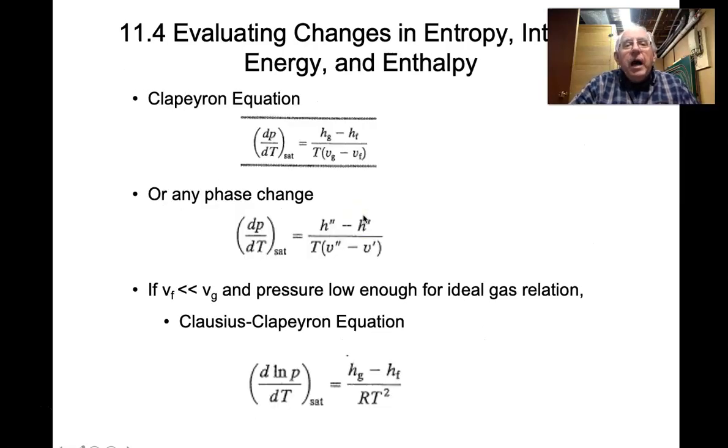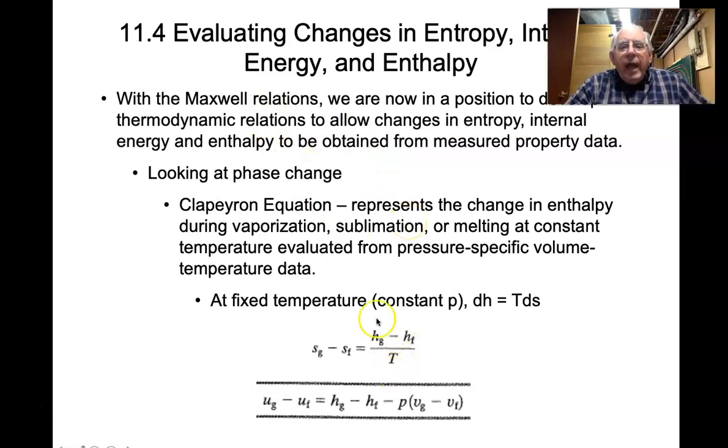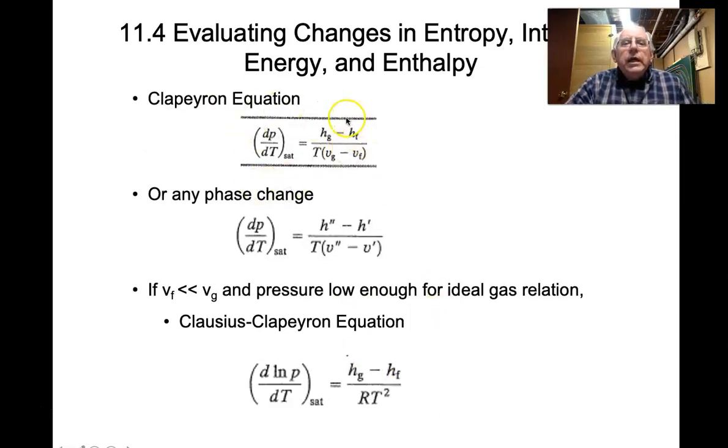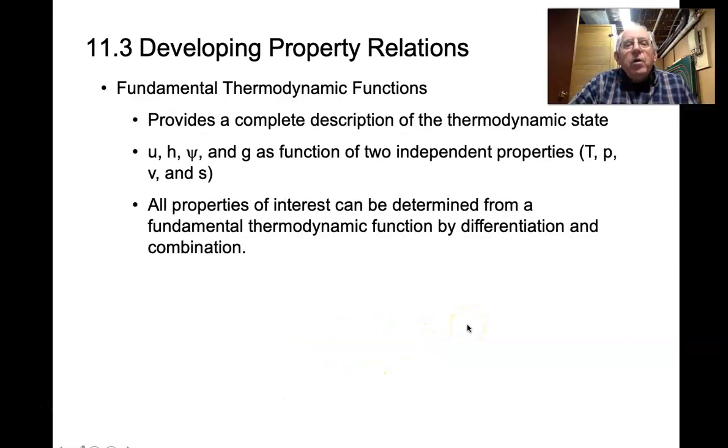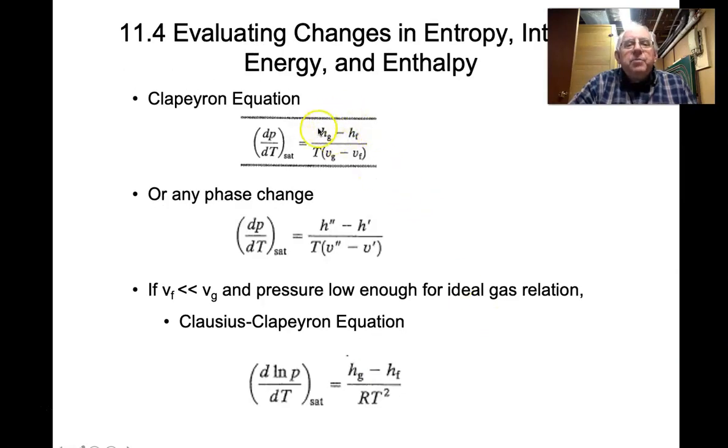And so with that in mind, we then can say that what we had before is this term right here, this change in enthalpy over temperature, which was related to the change in the entropy. The enthalpy over temperature was the change in the entropy. And so this part right here is the change in the entropy divided by the change in the specific volume.